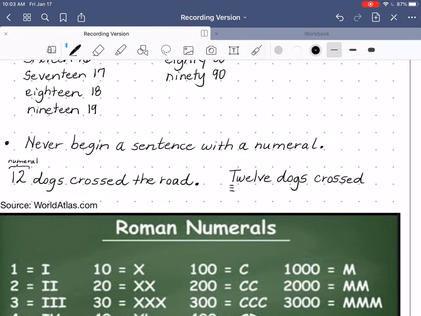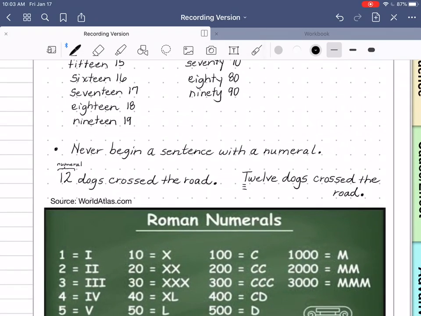So please, if you're beginning your sentence with a number, you need to spell it out. Even if you're allowed, if it's a 2-digit number and it passes that test, you still need to spell it out. So never begin a sentence with a numeral. You have to spell it out.